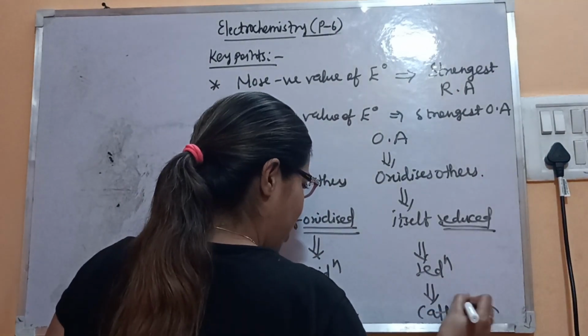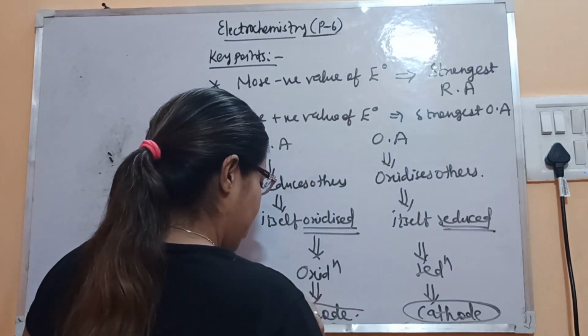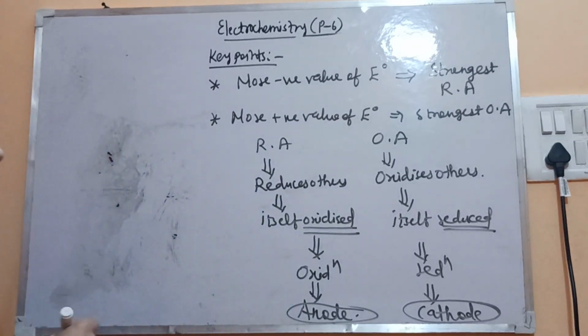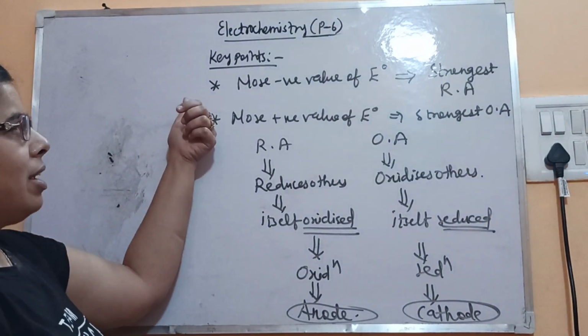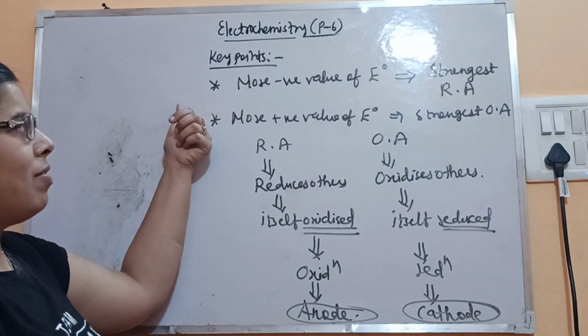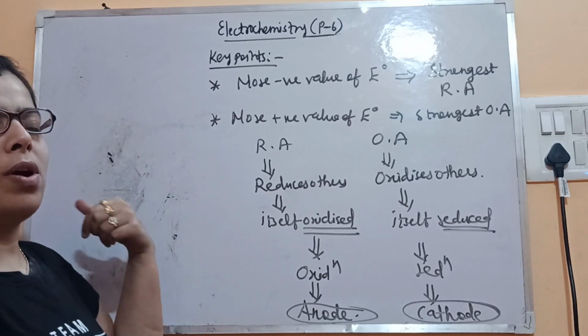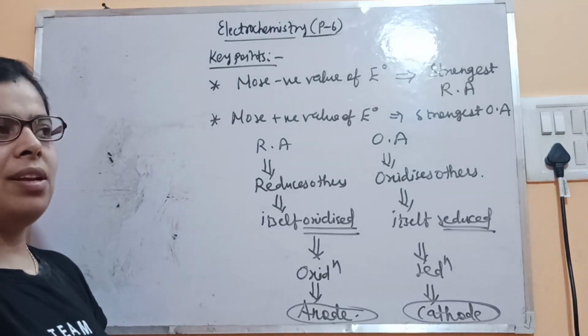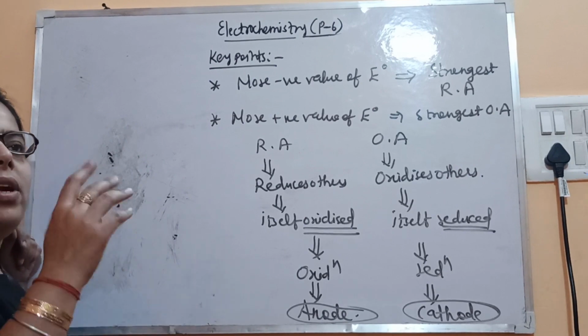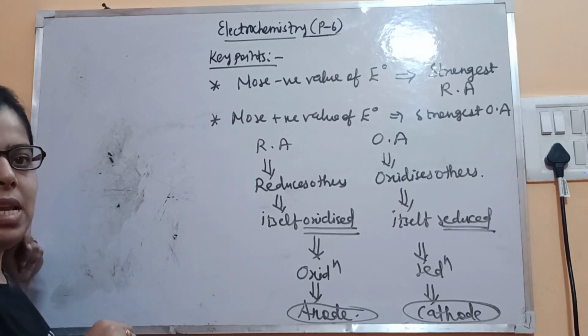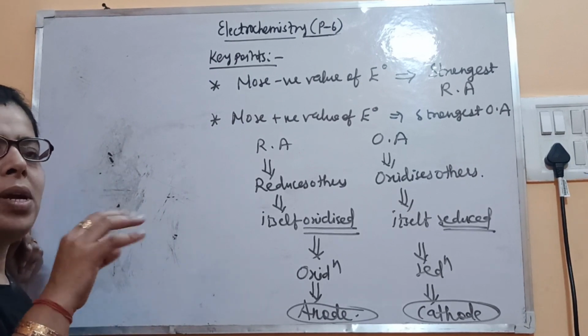So this is important here. Fine. Finally, this only we have to identify with the given values of E naught: if the value is this, then whether it will undergo oxidation or reduction, whether it is at cathode or at anode, whether it is at right or at left of the electrochemical cell. So this is an important part you have to identify.